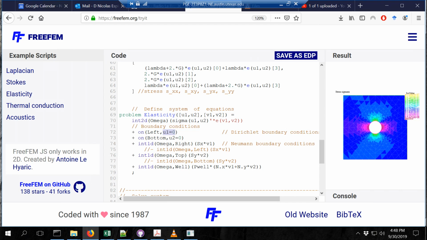It means that, for example, the left boundary, the left boundary is this. This is the left boundary. I'm telling in all this left boundary, there is no displacement in direction 2.